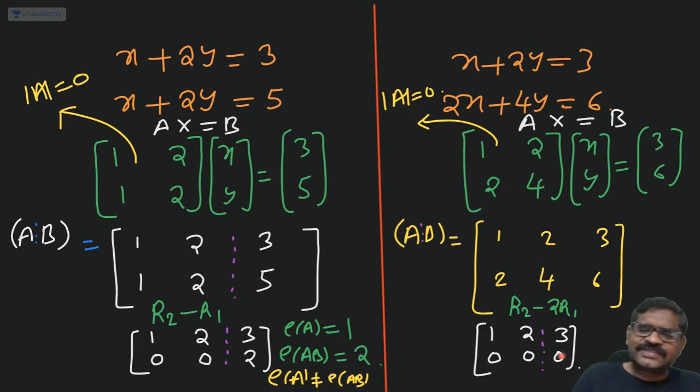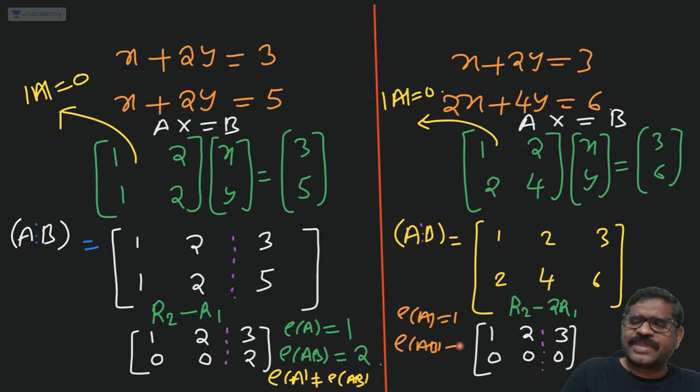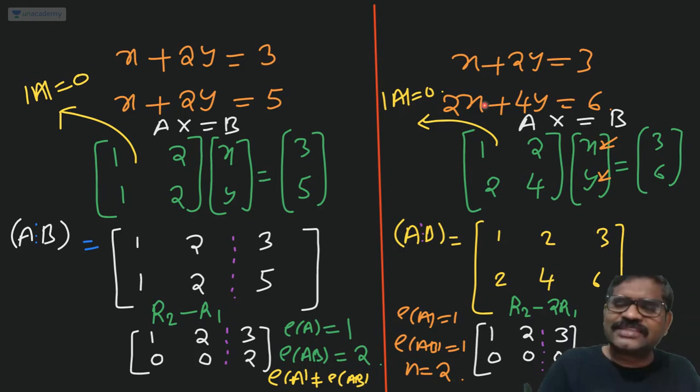Next case, the right side one: rank of A is 1, rank of AB is 1. Number of variables is 2. In this case, you have infinitely many solutions.